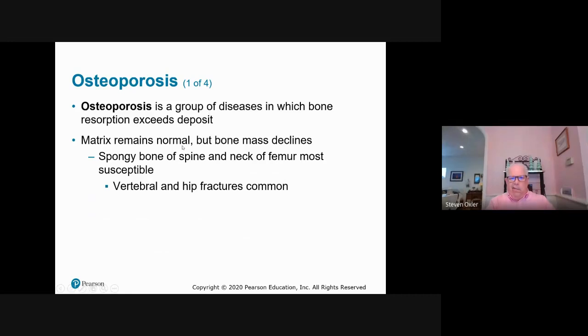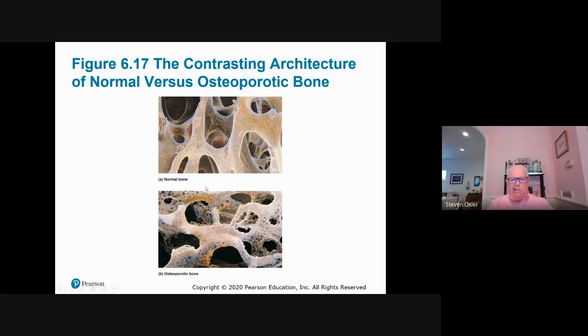This is very common in adult females, and they have compression fractures of their spine and hip fractures. Osteoporosis. This is normal bone. This is osteoporotic bone.